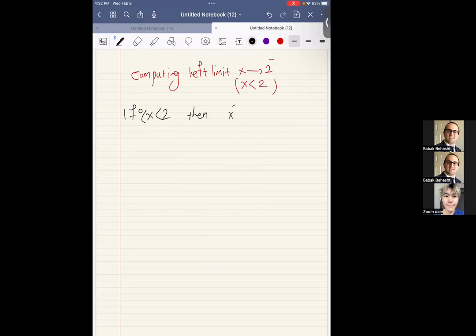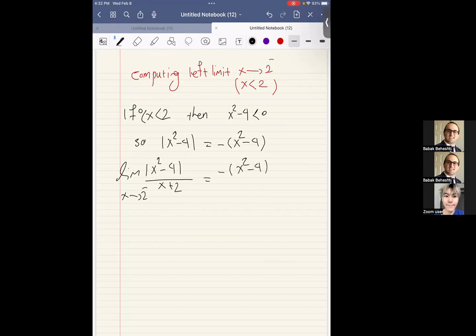Then x squared minus 4 is negative, so the absolute value of x squared minus 4 is equal to minus (x squared minus 4). So this limit of the absolute value of x squared minus 4 over x minus 2, as x goes to 2 minus, is equal to the limit of minus (x squared minus 4) over x minus 2.